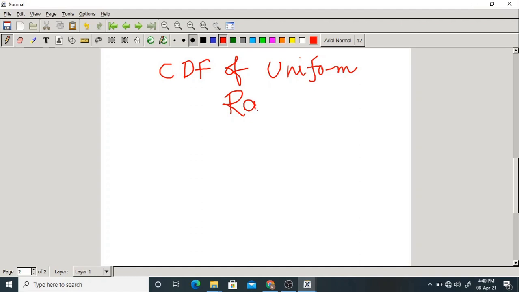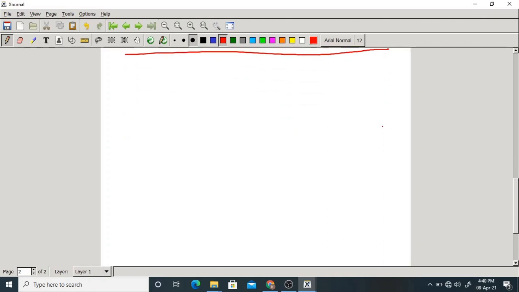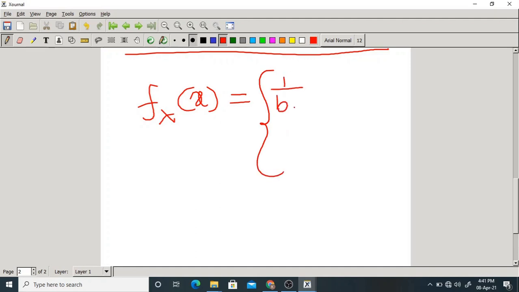Uniform random variable. Okay. Before proceeding further, let me recall the PDF of a uniform random variable. That equals, what is that? 1 by B minus A if it is between A and B, 0 otherwise.